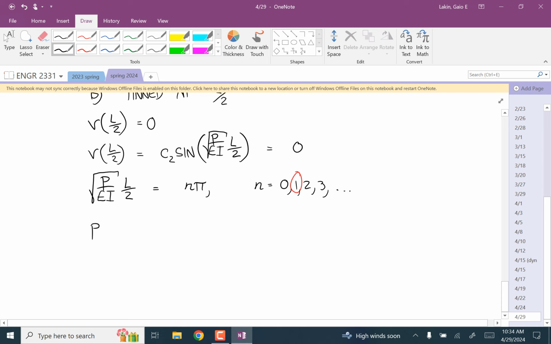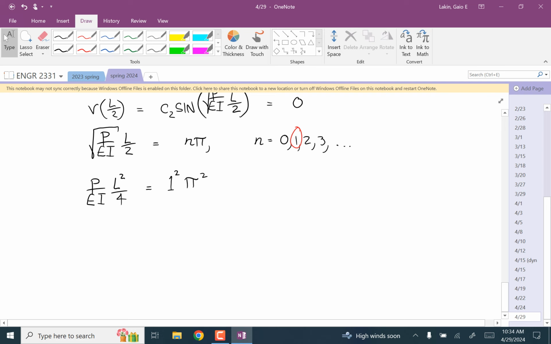Square both sides, we get P over EI times L squared over 4 is equal to 1 squared times pi squared. And so P critical is equal to 4 EI pi squared over L squared.